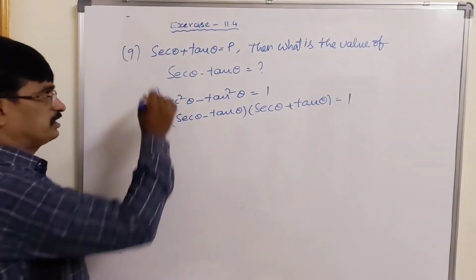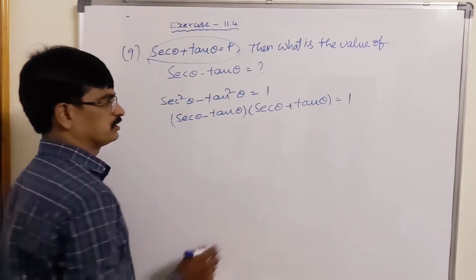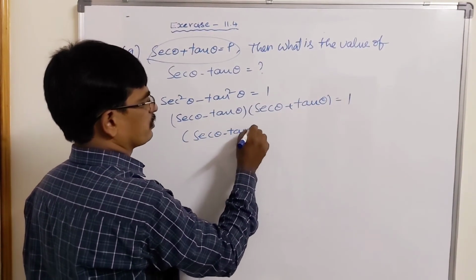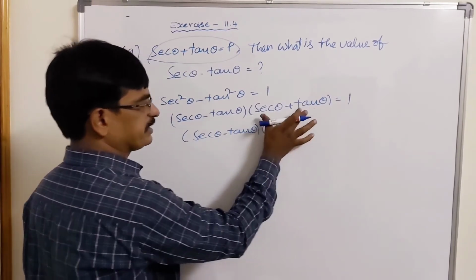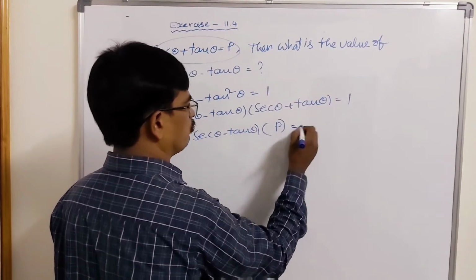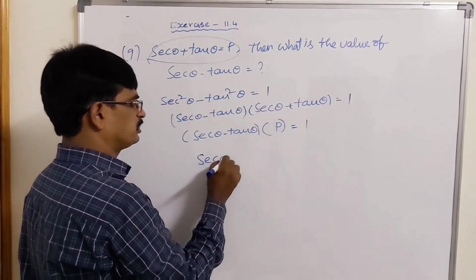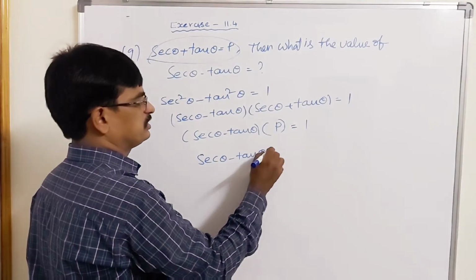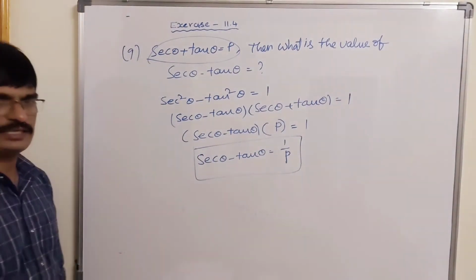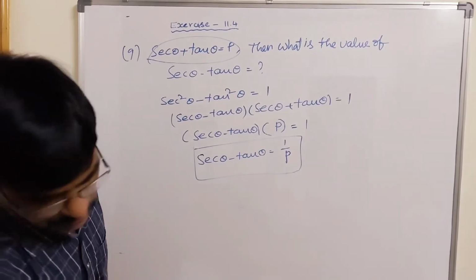But secant theta plus tan theta is equal to P, it is given. So secant theta minus tan theta into P is equal to 1. That is, secant theta minus tan theta is equal to 1 by P.